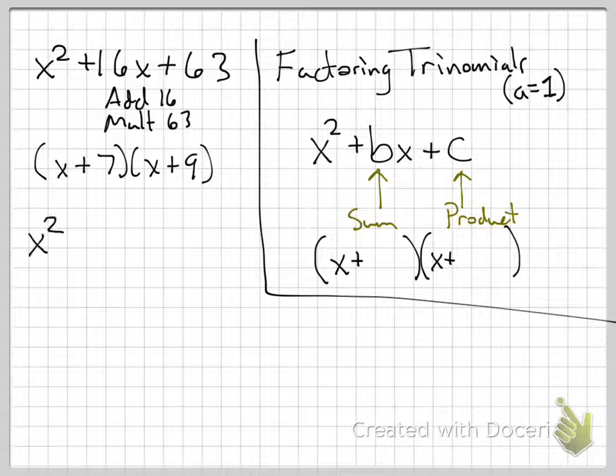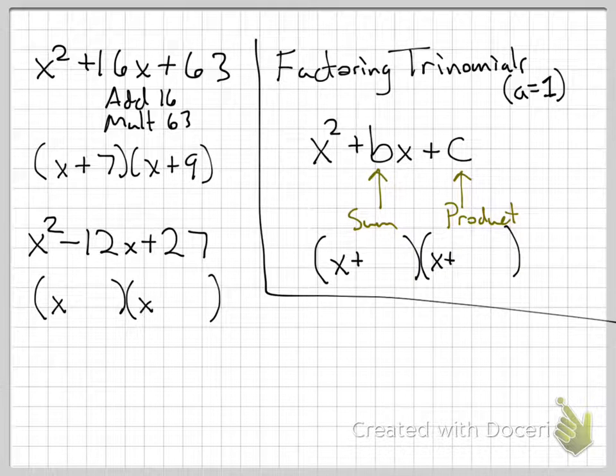Let's go here. x squared minus 12x plus 27. What do you think? If they're going to add to be negative, but multiply to be positive, the only way I get a positive with a negative involved has to be a negative and a negative.